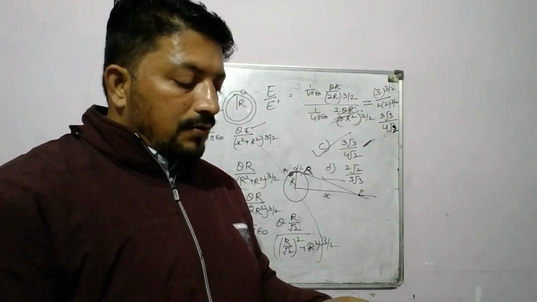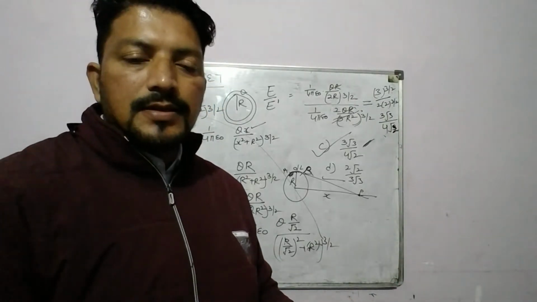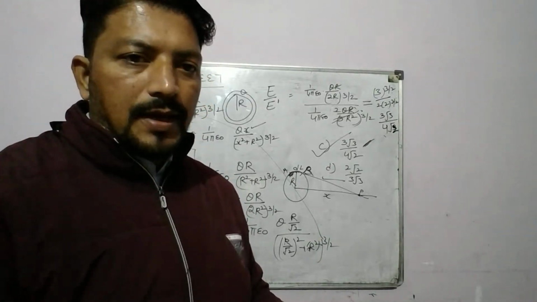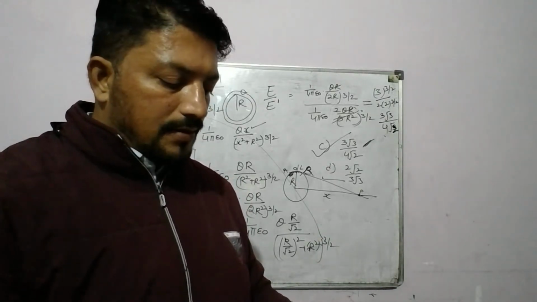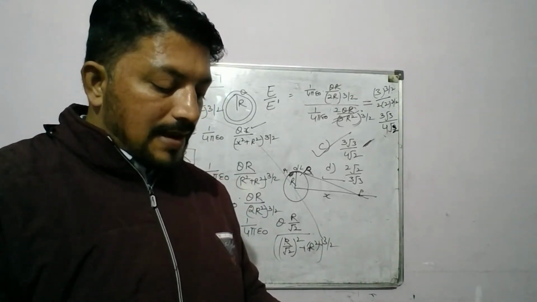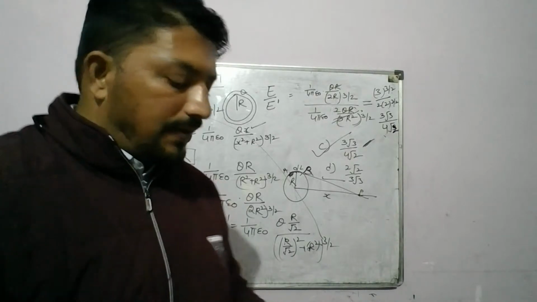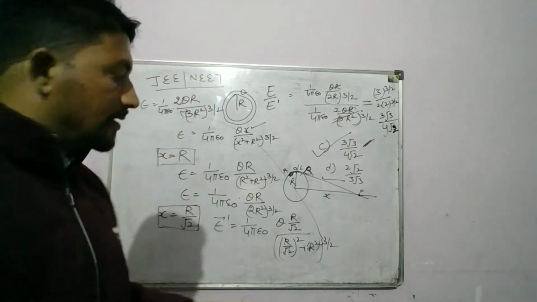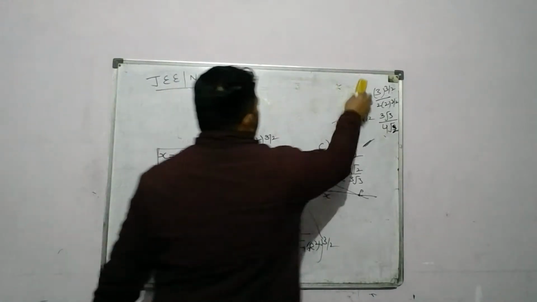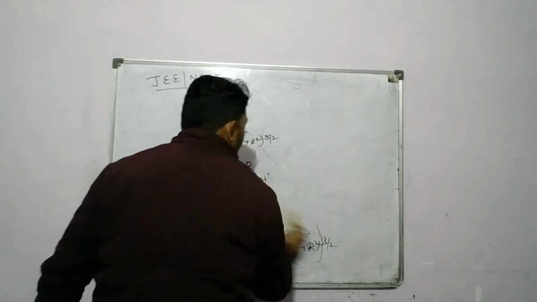So you know the formula of electric field intensity, that is equal to 1 upon 4 pi epsilon 0 2 lambda by r. So we can find the lambda, and the unit of lambda, r means perpendicular distance. So first of all you listen the question carefully, after that you solve.